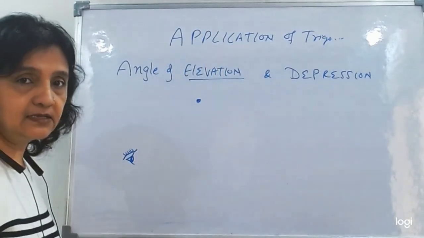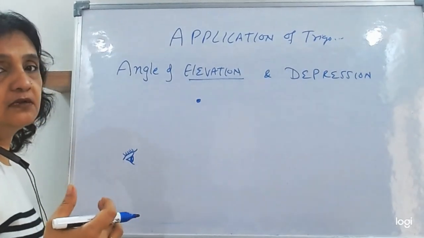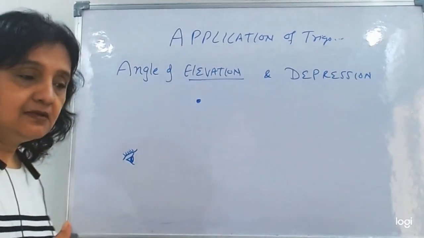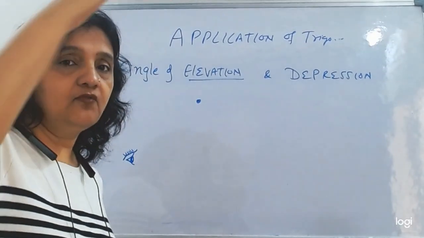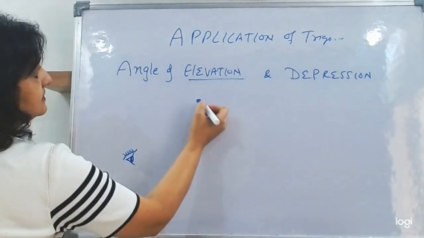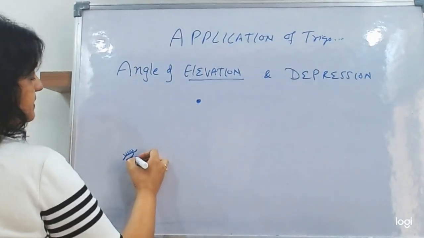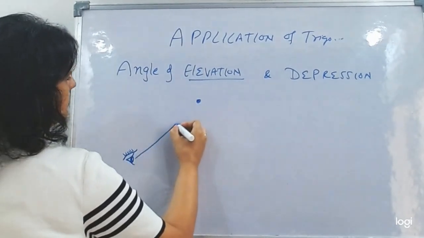You can consider like this, or you are looking at any object which is at a distance from you as well as on the higher level of your eyes. So, let's say this. Then this person is going to look at this object like this.